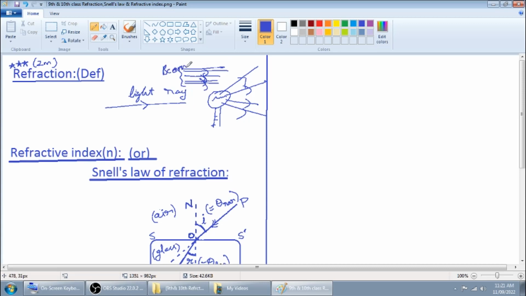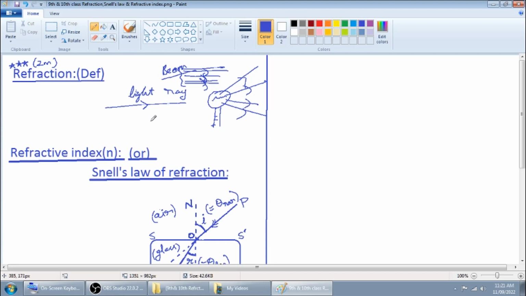In such a beam of light we have a large number of light rays. If you observe the behavior shown by one light ray, the behavior of other light rays in the beam can be easily understood. Almost the same way all the light rays will behave.